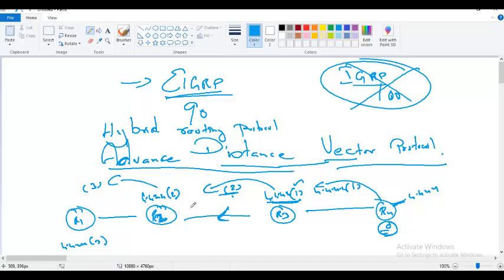EIGRP is an advanced distance vector routing protocol. Advanced distance vector. The reason is it is not just sending hop count.